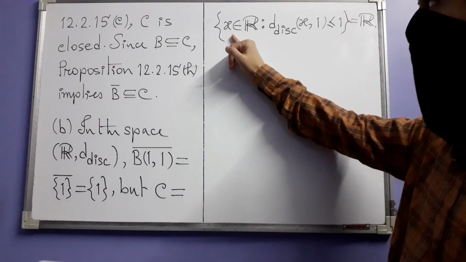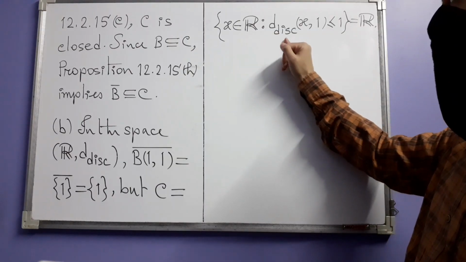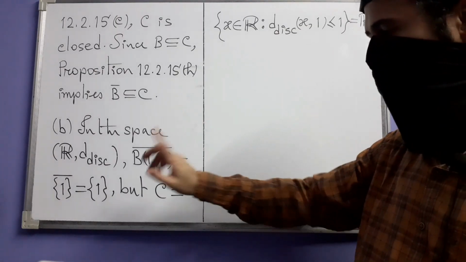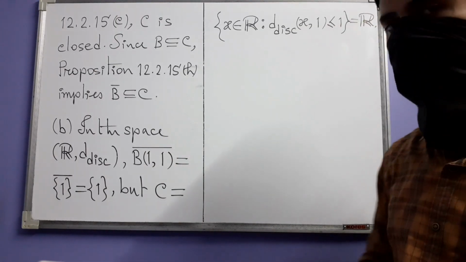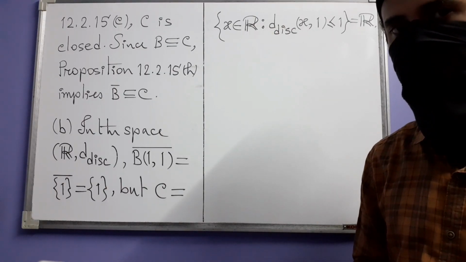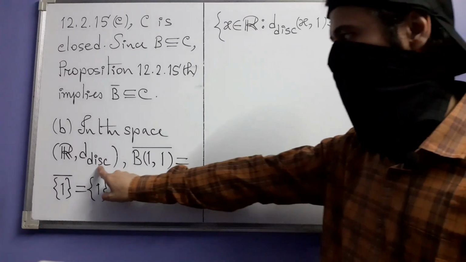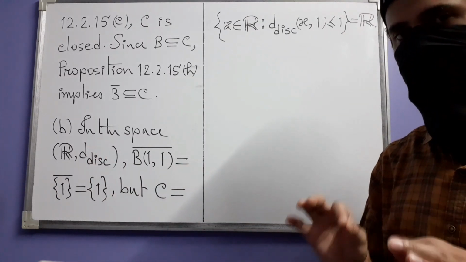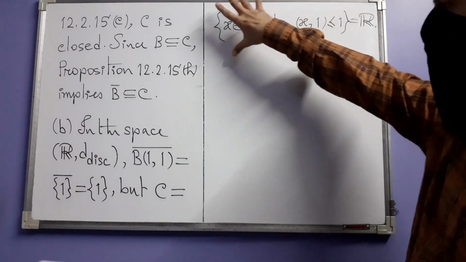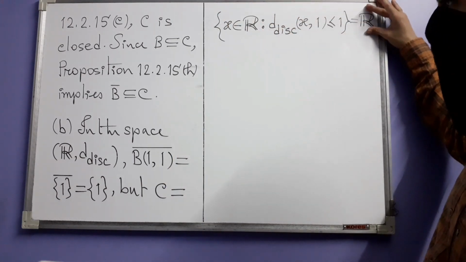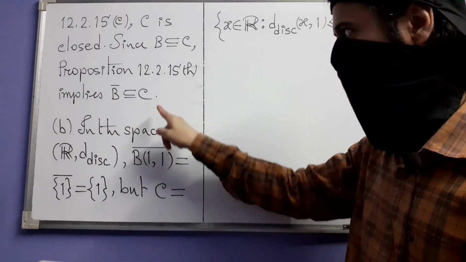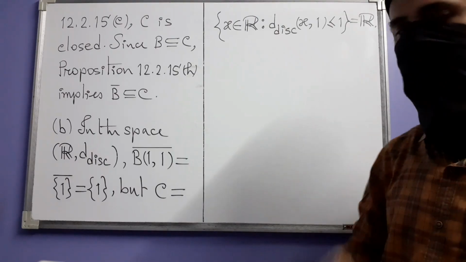It is by definition the set of those real numbers whose discrete distances from 1, this is the center, just like here 1 is the center, is less than or equal to 1. But all real numbers will satisfy this condition, because the discrete distance can either be 0 or 1. So anyway this inequality is true, and that is why this closed ball becomes equal to the entire set of real numbers. So here B bar is not equal to C.